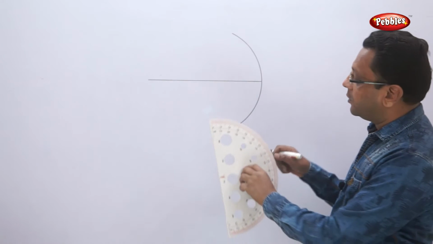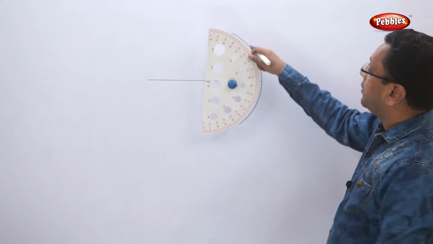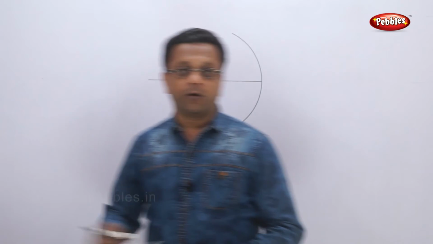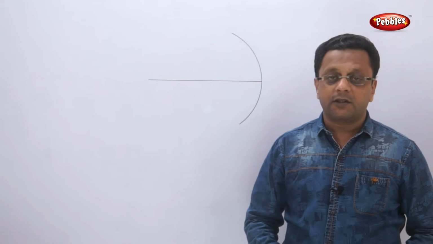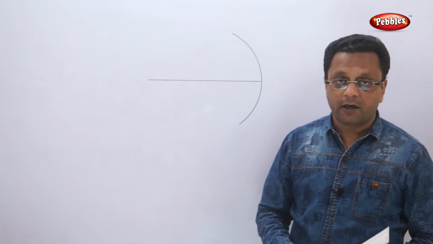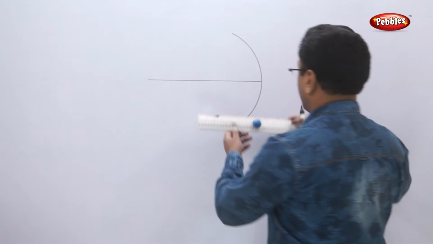With the protractor, you have to take 2 points, one is 0, another is 90, and draw the concave mirror. Now this is very important. You have to draw 2 points, one is your point of focus and second is your center of curvature.